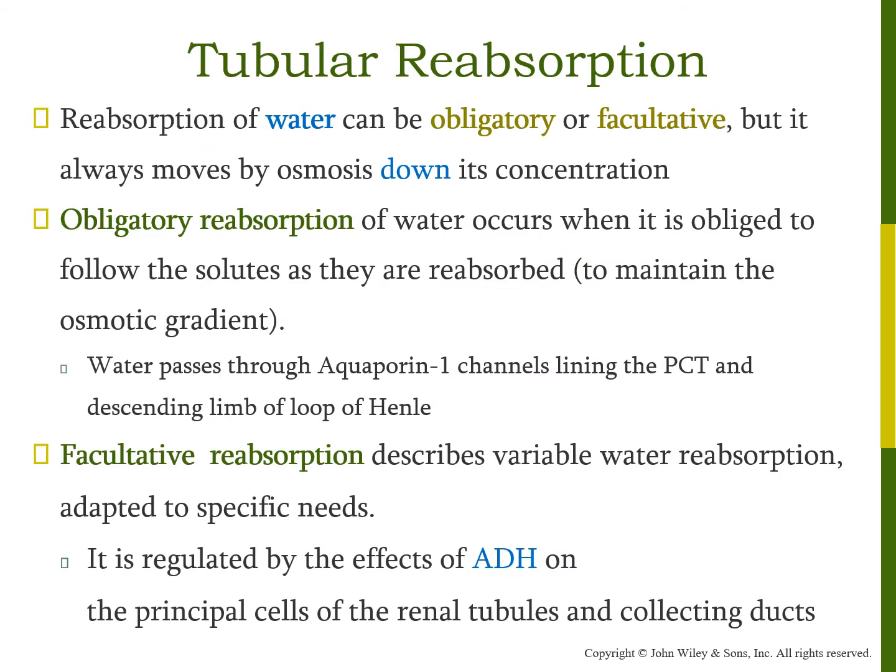So, speaking of water reabsorption, there are two major conditions under which water can be reabsorbed in the renal tubules: either by obligatory reabsorption or facultative reabsorption. Both of these are forms of osmosis, where water is moving down its concentration gradient, or following the high solute concentration.